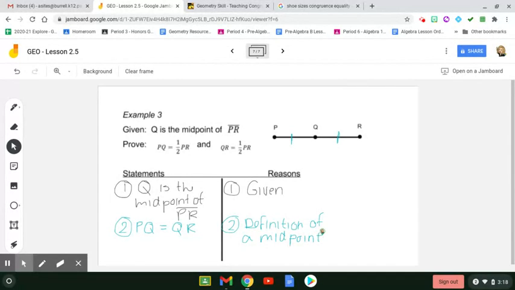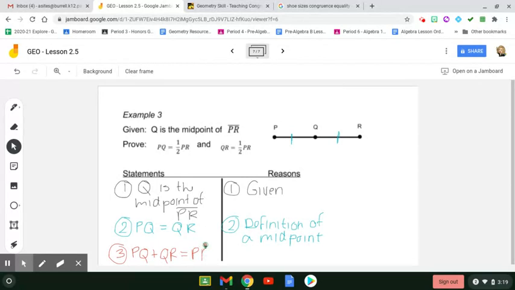All right, now I know I'm running out of space here. I'm going to try and squeeze one more little statement in here. So here's the next thing I'm going to write down because this is what I'm kind of thinking ahead. If I take PQ and QR and add them together, I'm going to get that whole entire length PR.